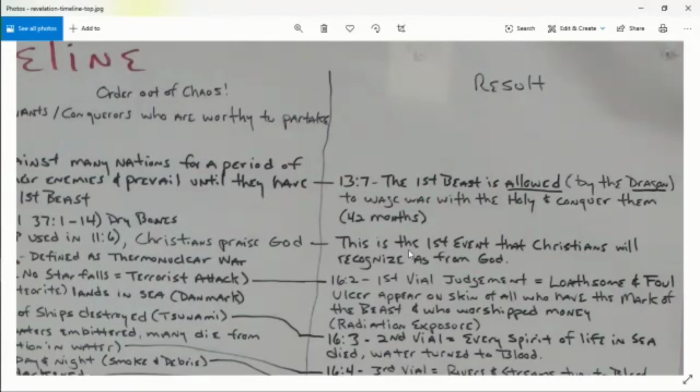The same hour there's an earthquake, so you're going to see that tenth part of the city fall, and in the earthquake were slain 7,000. And the remnant were affrighted and gave glory to the God of heaven. Non-Christian people are not called the remnant, right? That's right. Of course not. And they don't give glory to God of heaven about these people who were just taken up into the sky. Now let's continue. That's the second woe.